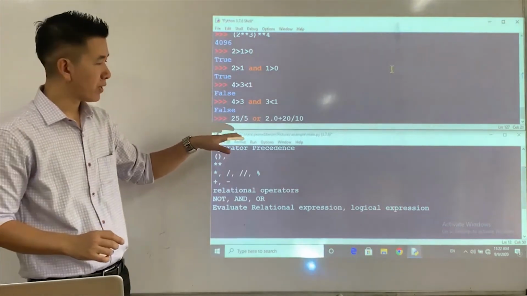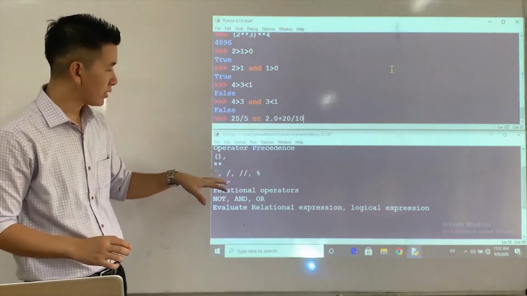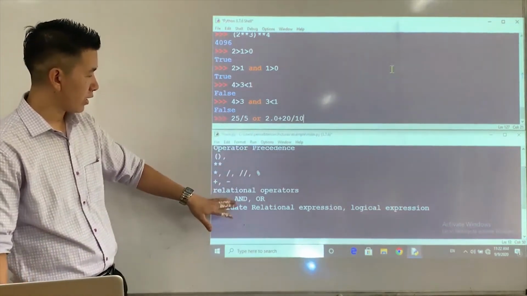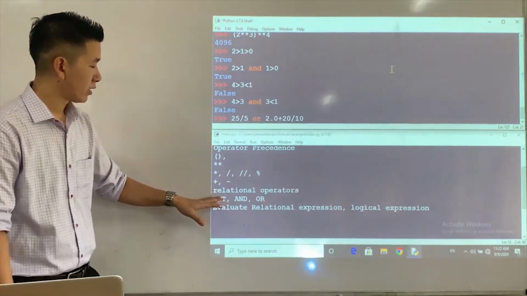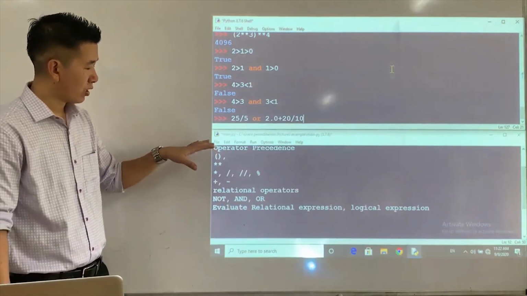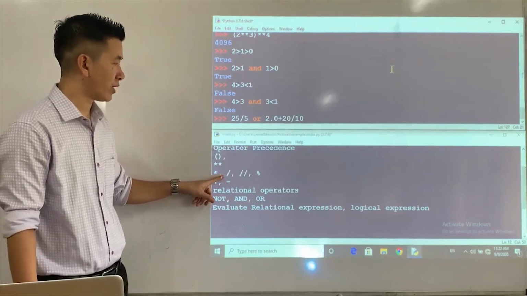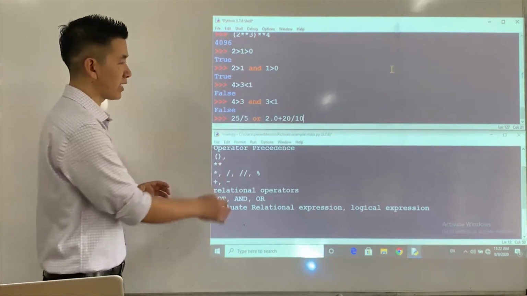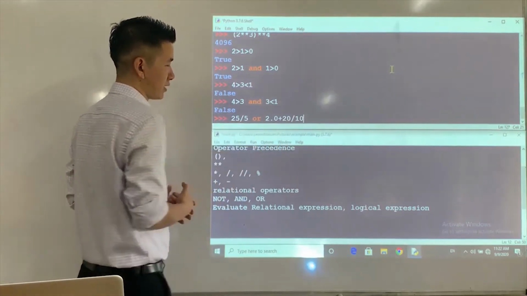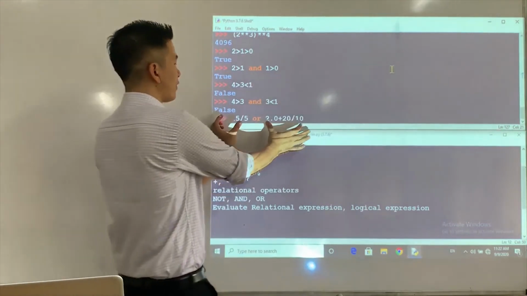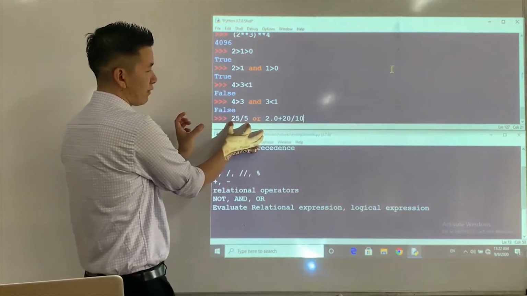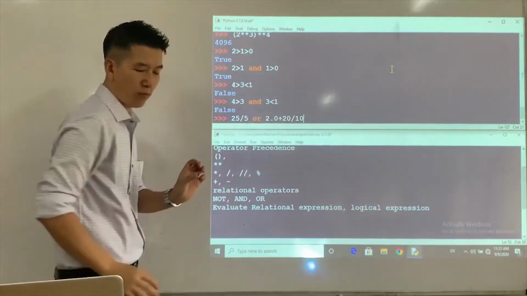Remember, as per the precedence level, the logical operators come much further down as compared to the arithmetic operators. So it's understandable that I need to evaluate all these first, right? So you have 2 different expressions, one on the left of OR and one on the right of OR.